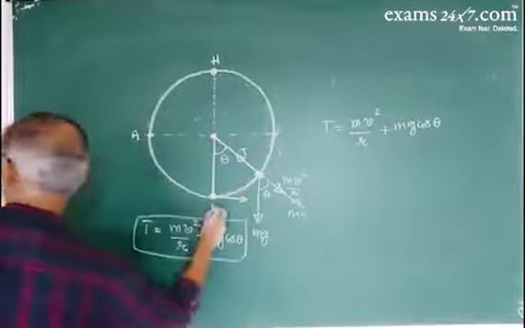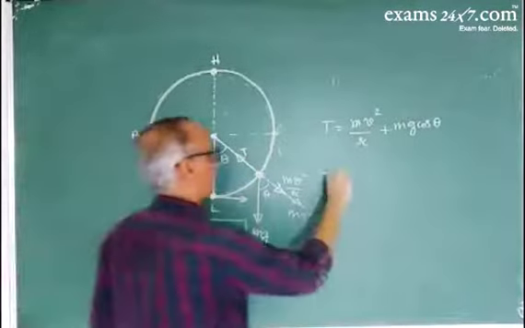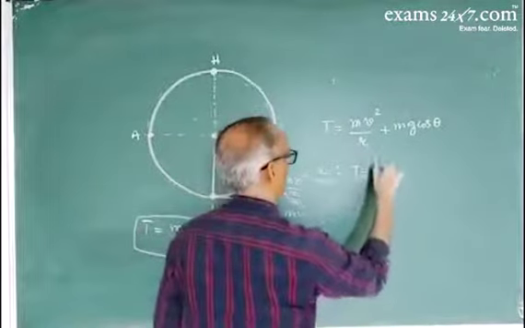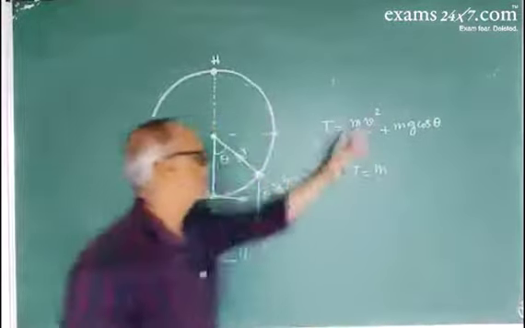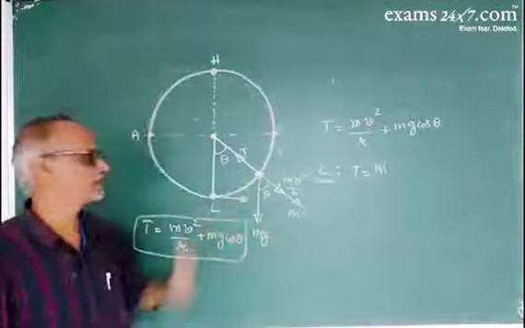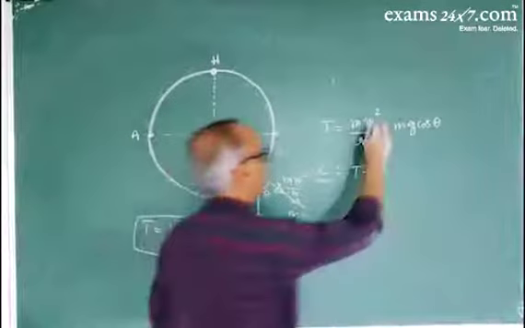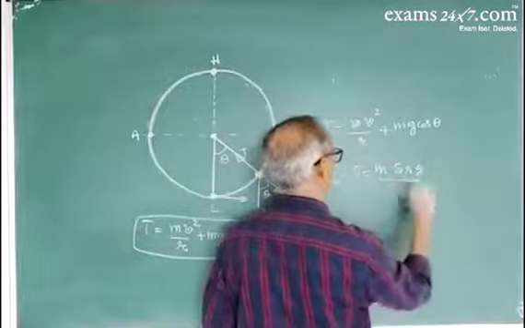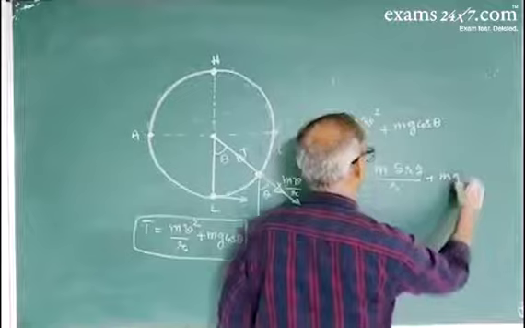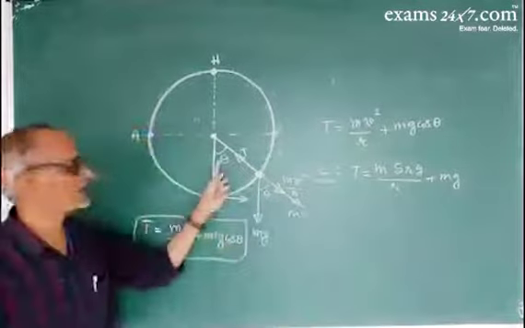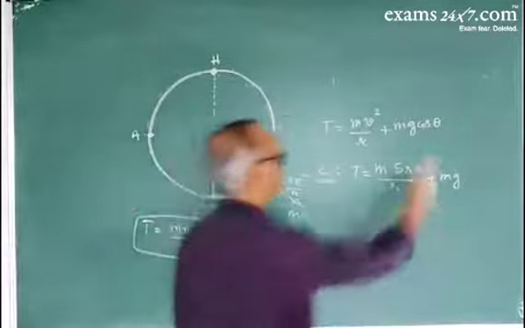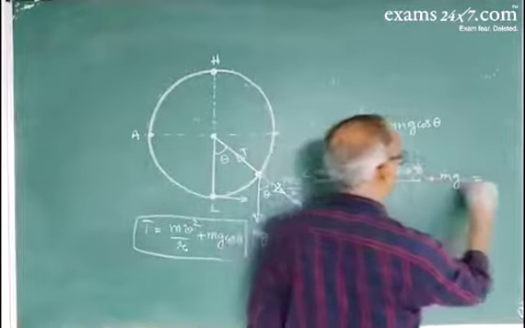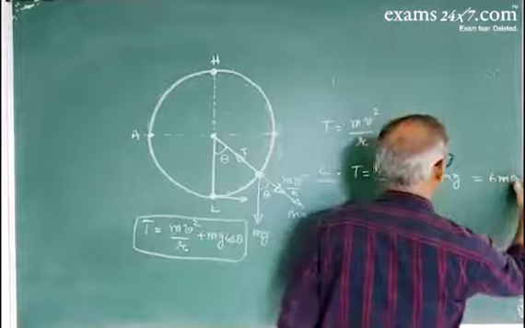So at the lowest point L, T is equal to m. The minimum velocity that is required is root 5rg. So square of it becomes 5rg by r plus mg, and for the lowest point theta is 0, so cos 0 is 1, and this r will cancel. So 5mg plus mg becomes 6mg.